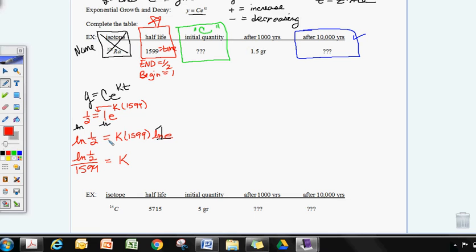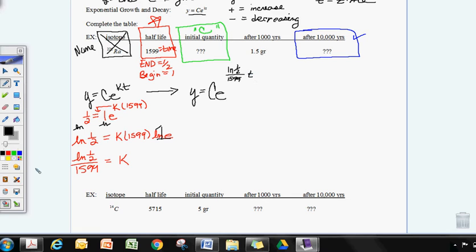I'm going to leave it in this form because this is exact form. So now I have my new equation: y equals Ce to the natural log of 1/2 divided by 1599, and then my t value is still there.